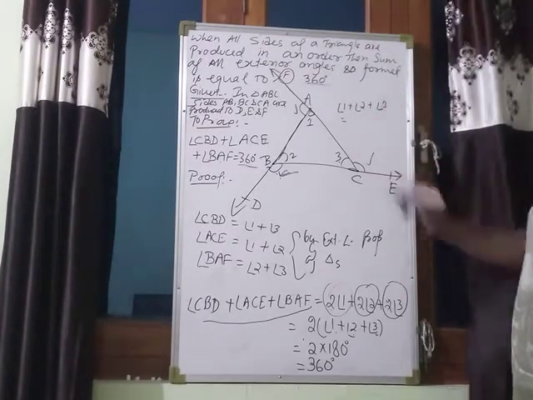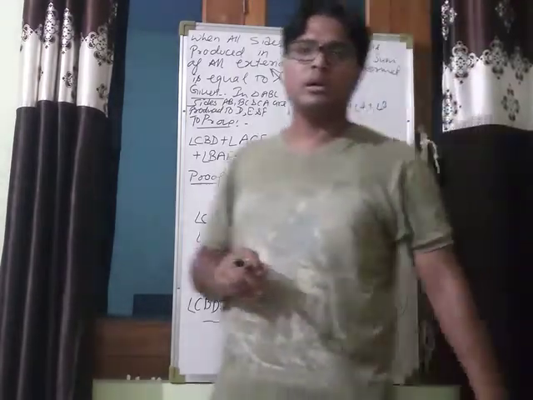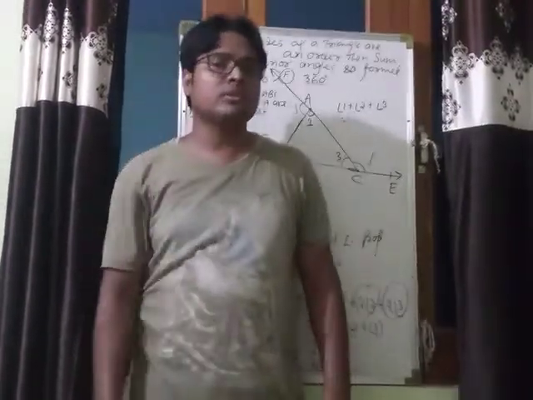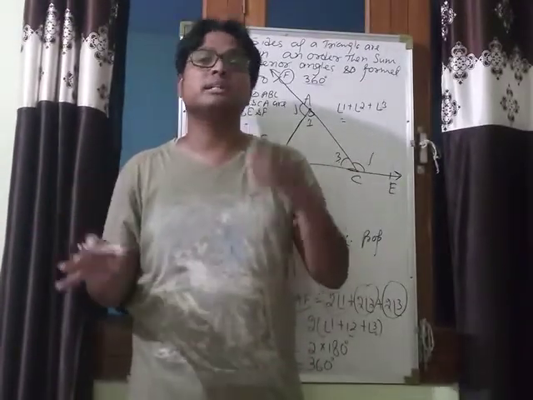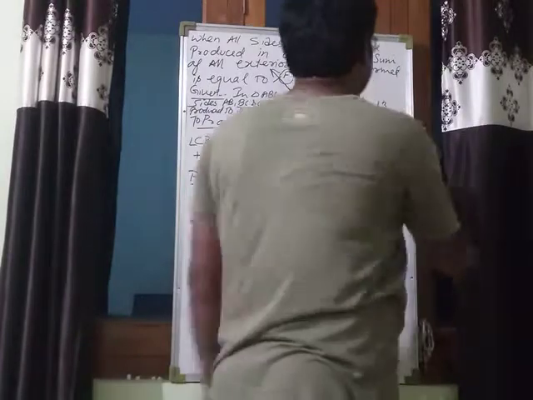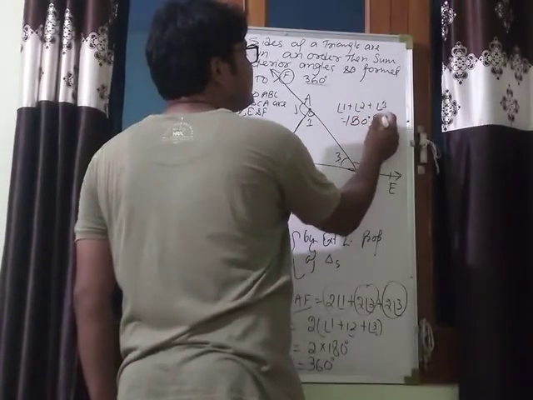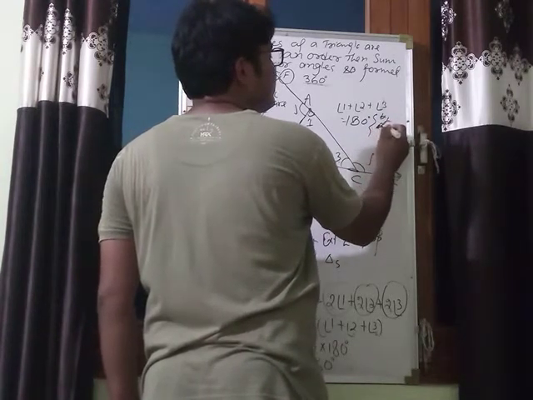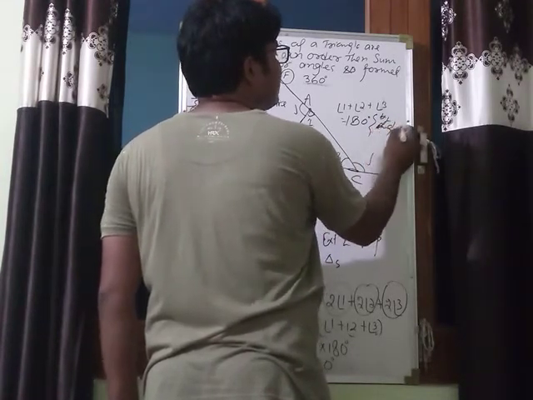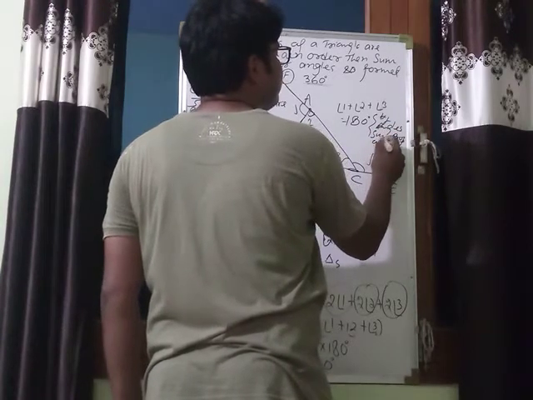That is equal to what? These are the interior angles of the triangle, and the angle sum property of a triangle states that the sum of all interior angles of a triangle is equal to 180 degrees. Clearly angle 1 plus angle 2 plus angle 3 is equal to 180 degrees by the angle sum property of triangles.